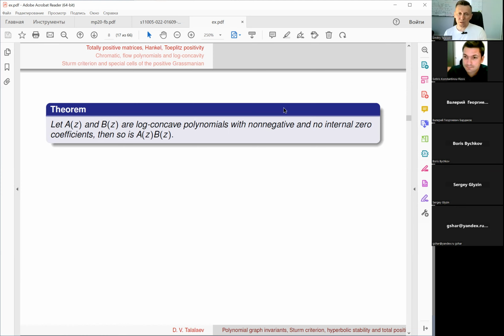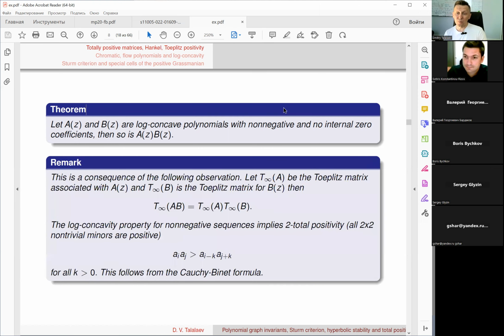It is not evident from the definition, but if we go to the side of Toeplitz matrices, it is quite simple: the product of polynomials corresponds to the product of matrices, and the Cauchy-Binet formula implies what is called two-total positivity.